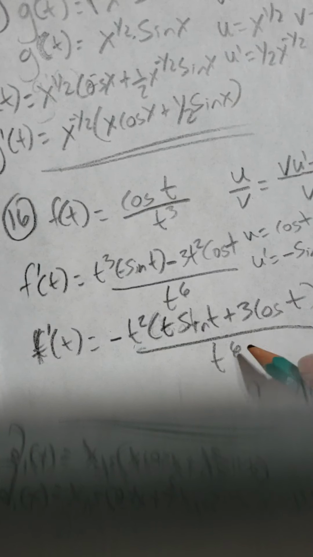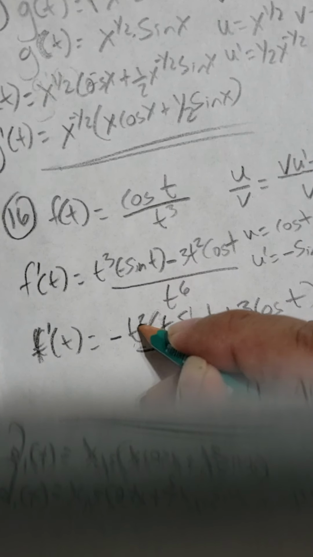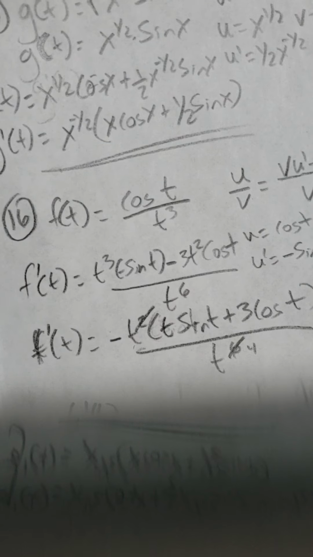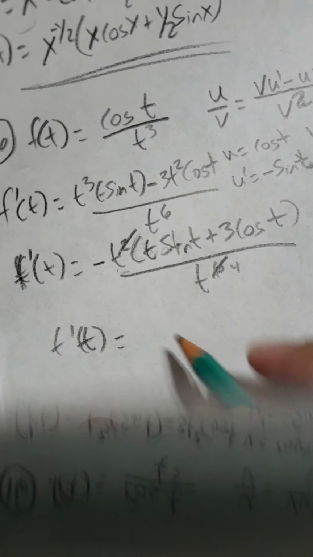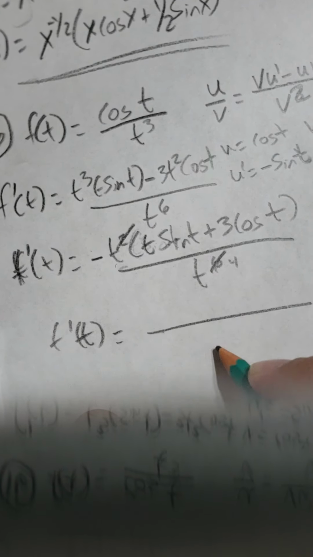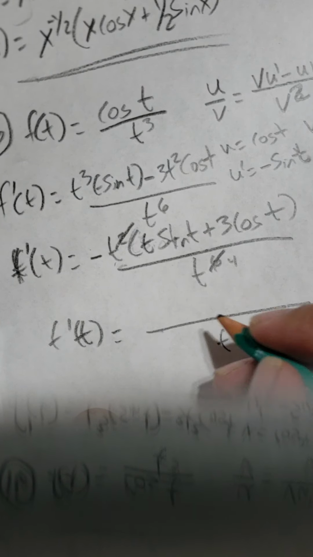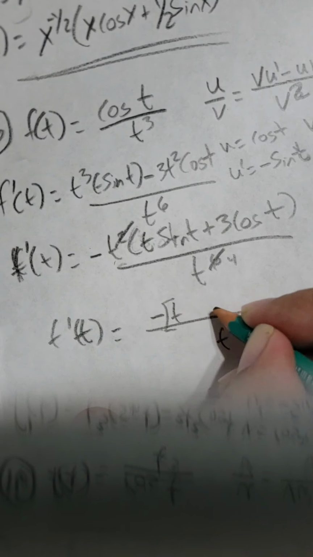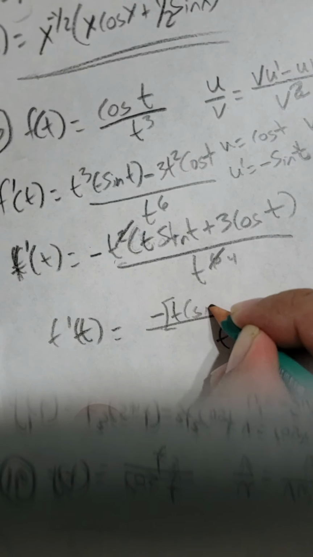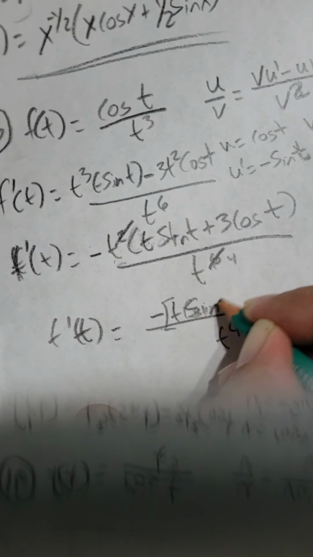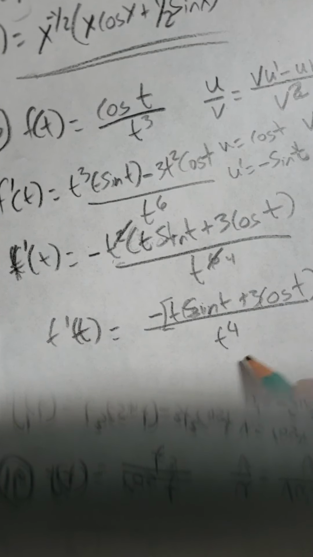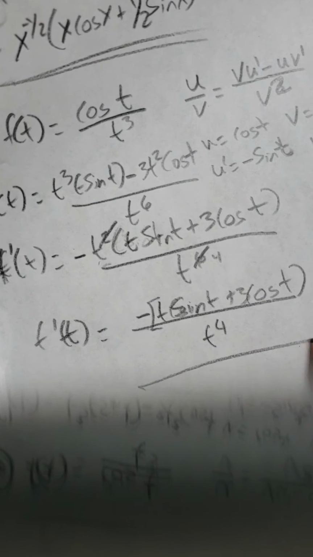Now, it's obvious that we may simplify here, and we get a 4 in this part. f prime of t is equal to t to the 4th power in the bottom, negative, big parenthesis, t sine of t plus 3 cosine of t. That is the derivative of this.